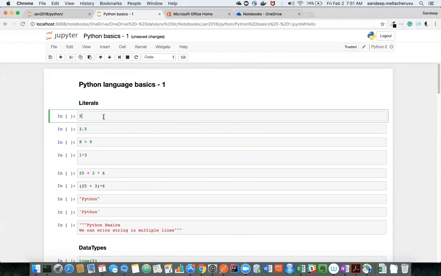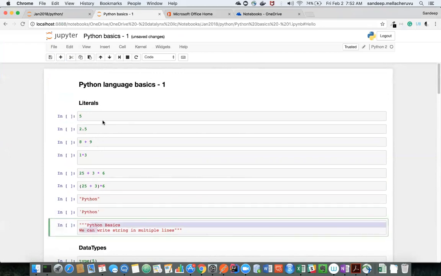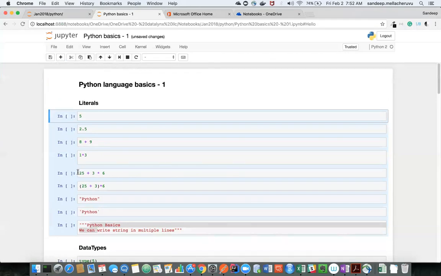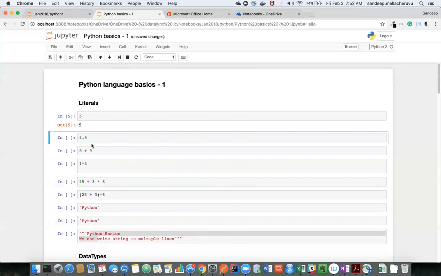When I do a coding section, the code inside this cell will get executed. So all these are code sections until here. Let me show you how it works. Whenever you write any code, you press shift and enter. It will execute and go to the next cell.